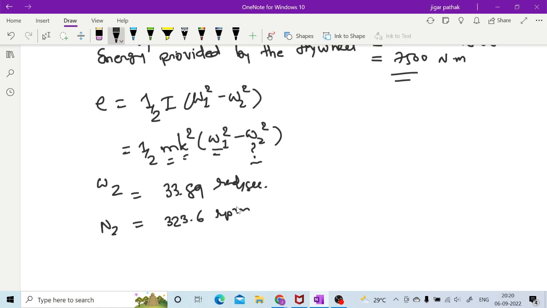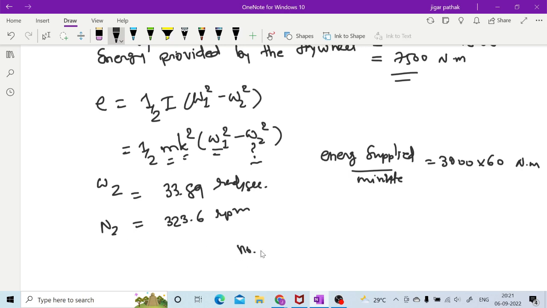Now whatever energy is supplied per minute can be calculated. The energy supplied per minute is whatever is supplied per second multiplied by 60, right? Once you have that energy supplied per minute, you can calculate the number of rivets closed per minute.